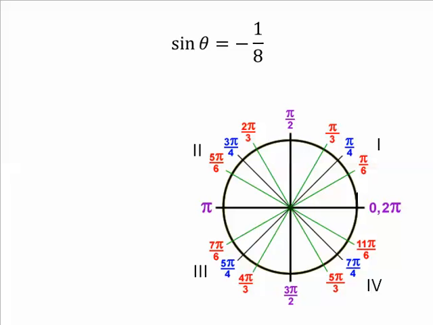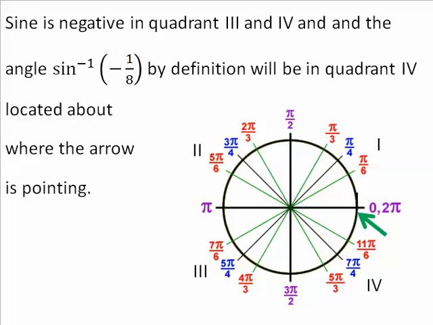So inverse sine or arc sine is an angle, and that's what we're going to have to use. Sine is negative in quadrants 3 and 4, and the angle inverse sine by definition will be in quadrant 4, located about where the arrow is pointing. Why am I saying that inverse sine will be in the 4th quadrant?